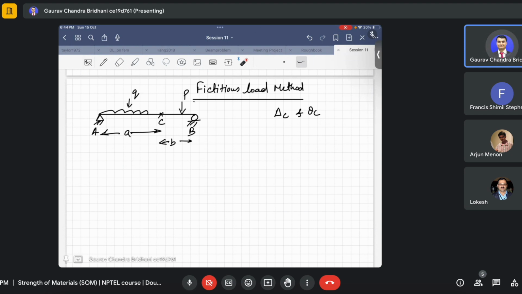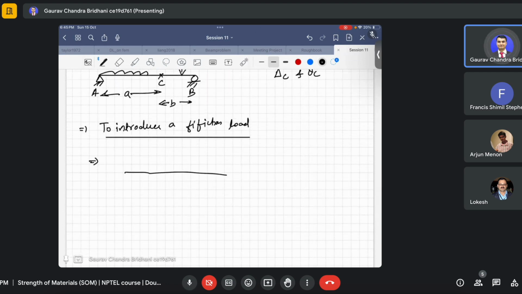Now another way to attempt this problem is to introduce a fictitious load.